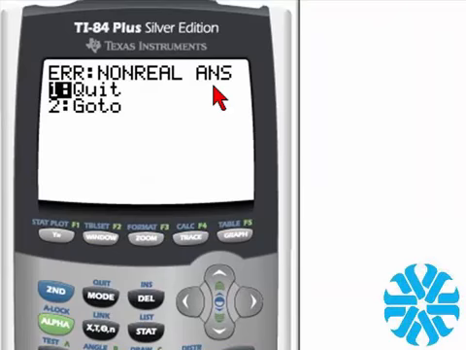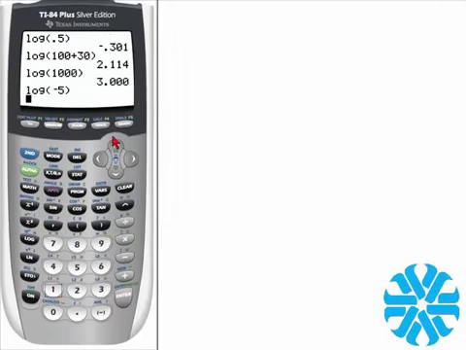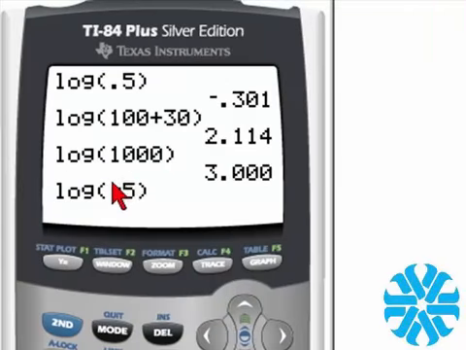And you can see that we get a non-real answer. So let's quit out of this, just hit number 1. Remember that when you compute logs, whether it's the common log or the natural log, you want to make sure that the expression inside here is always a positive real number. Okay? So let's clear the screen.